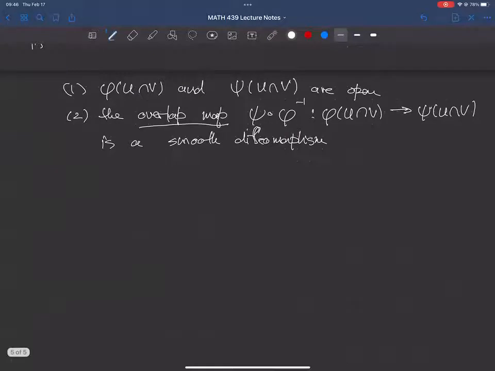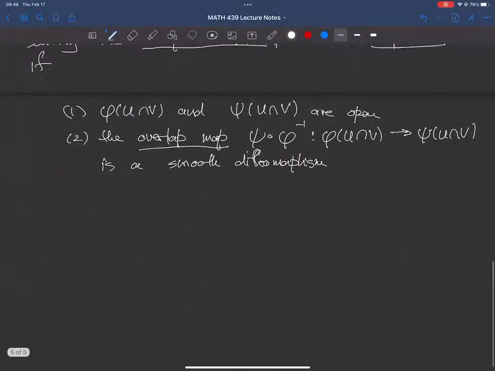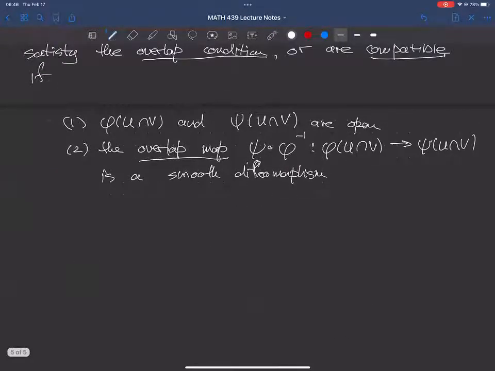Okay, so that's what compatible charts are. Now, what we want to work towards is doing this around every point in our set S, and so it's obvious how you're going to do that. You're going to cover S with charts, and you're going to require that all of those charts satisfy the overlap condition.